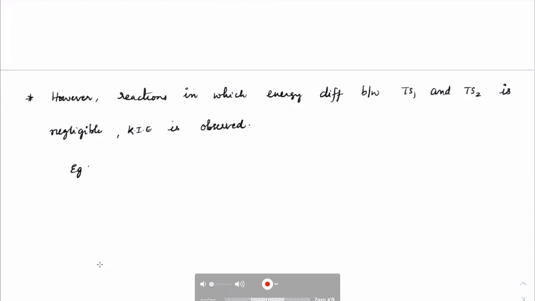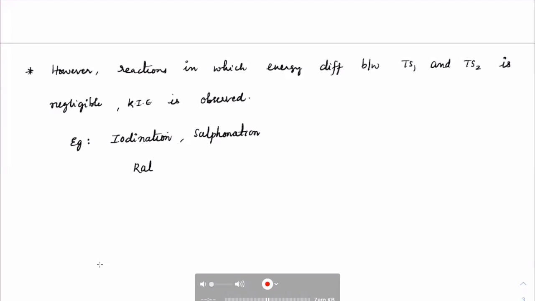But what are the best examples? Iodination, sulfonation. In these two cases, we would usually see the rate is slightly different, which means now the rate of the reaction would be C6H6 better than C6D6 better than C6T6.